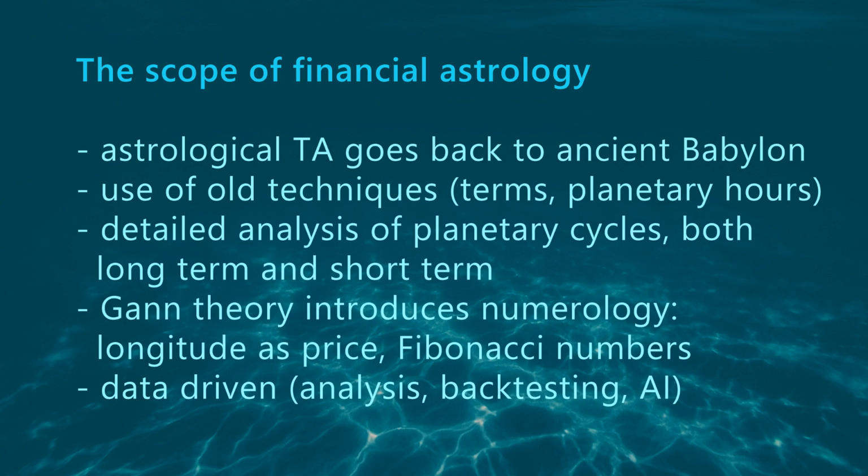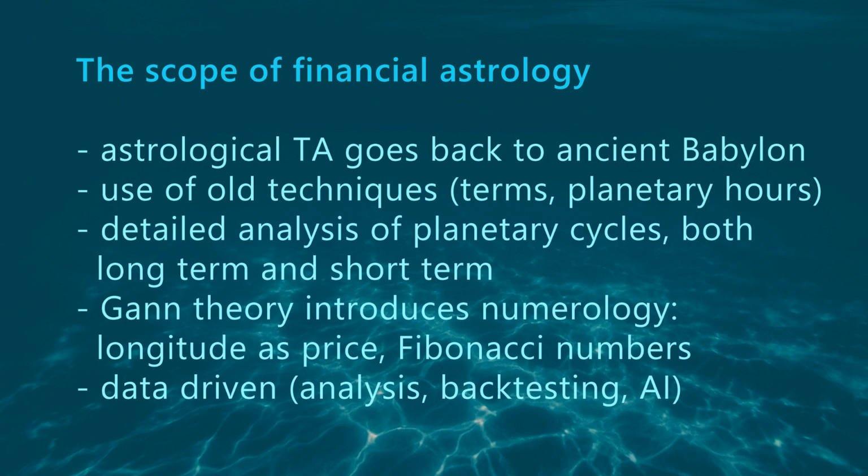The other things that financial astrologers do is look in great detail at planetary cycles, long-term synodic cycles of the bigger planets, and short-term cycles, and they dissect these cycles to see what other information they can find. And then there's Gann theory, which is also very interesting, and it is a completely different way of looking at the sky.